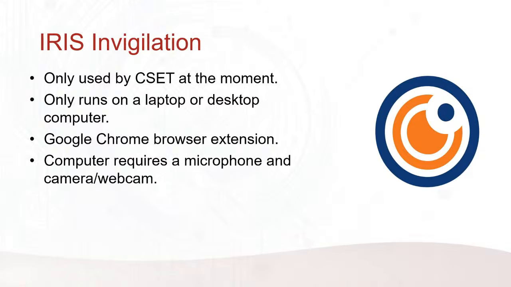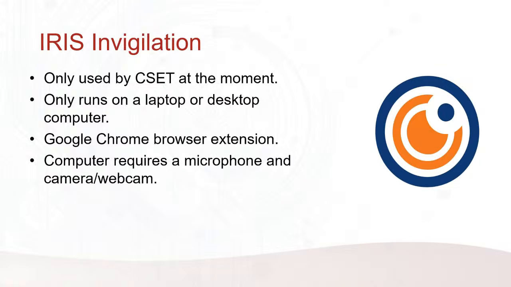And this only works on a laptop or a desktop, whereas the Invigilator app only works on a mobile device. You will need to install the extension on either Google Chrome or Microsoft Edge, preferably both, so you've got a backup. And remember, your device does require a microphone, camera, and webcam.